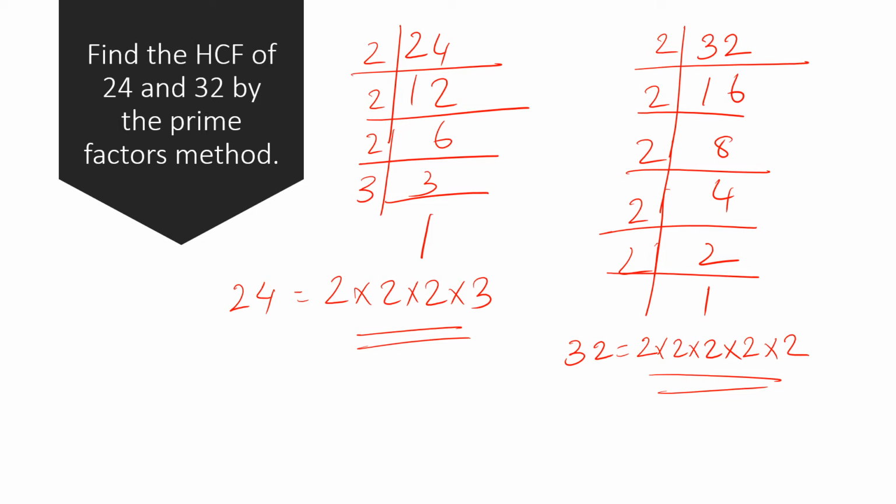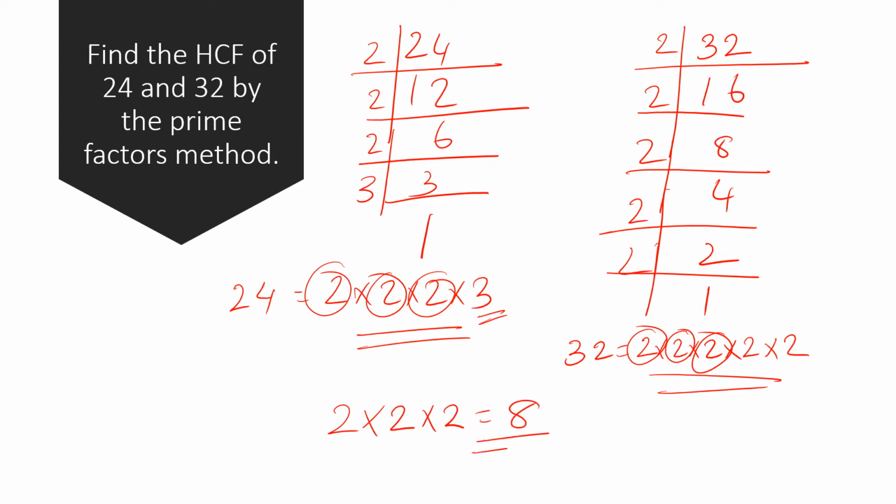Now, if you are asked to find the common factors between these two, one 2 is here, one is here, another 2 over here, a third 2 over here, 3 over here, 2 is there but not common. So we will say the common factors are 2 into 2 into 2, which means 8 is the highest common factor between 24 and 32.